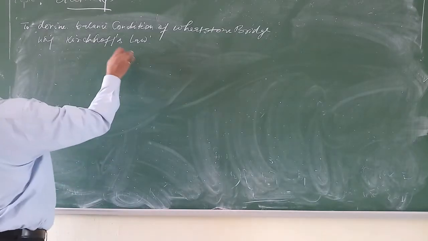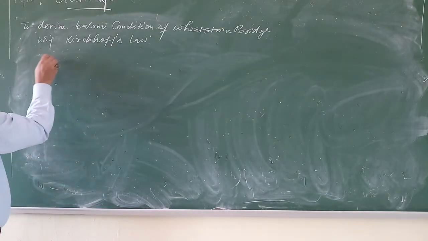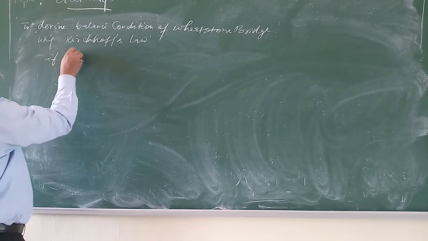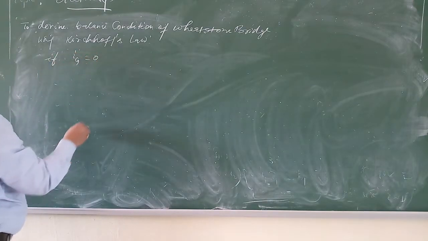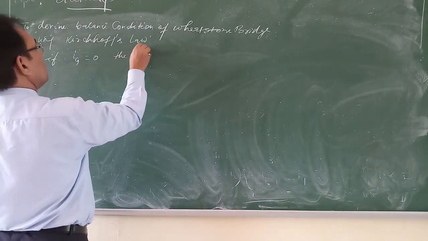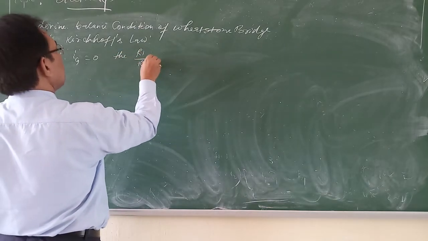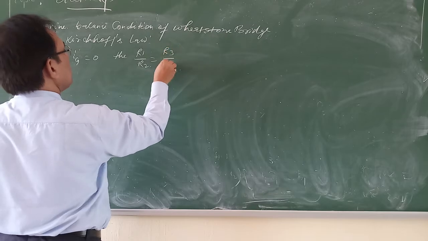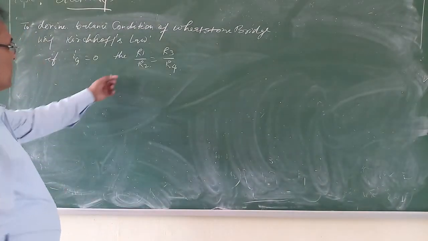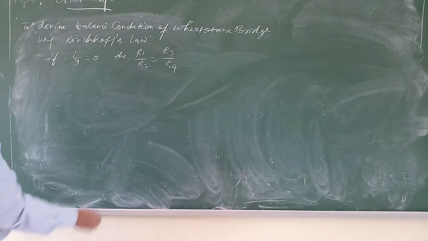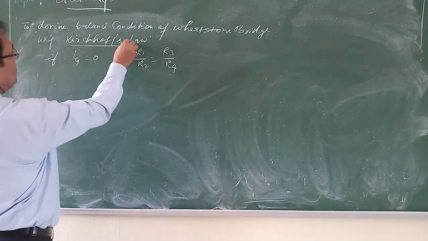So the condition for Wheatstone bridge is, if G for galvanometer, I is equal to 0, then R1 by R2 equal to R3 by R4. So this condition you have to prove using Kirchhoff's law.